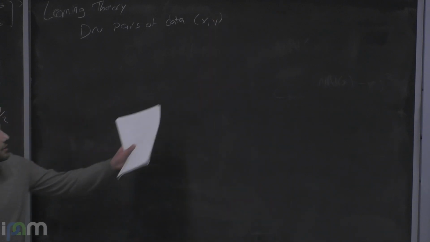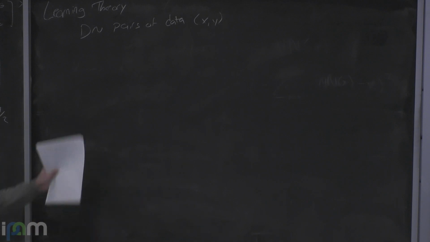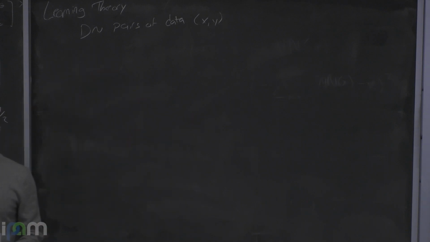So, again, this may be images of dogs and cats and their labels. And there's some distribution D, which gives you these pairs. We don't have access to this distribution, but you can think that in the world maybe it exists, and there's some math we can do with it.